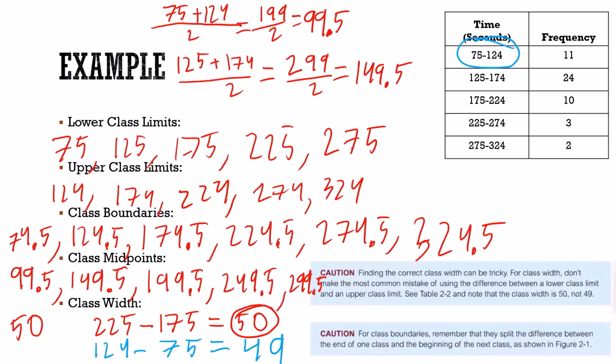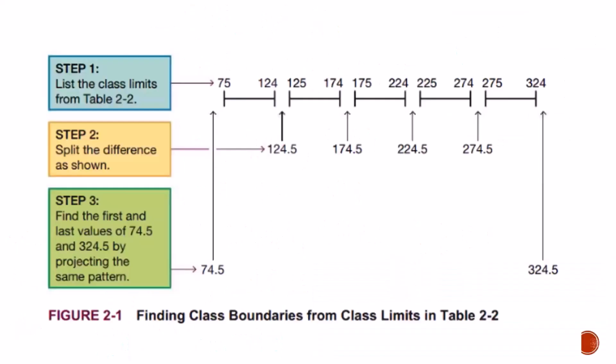Here's a diagram that they made from this just to show you why. These are the class units. Upper class limits, lower class limits, and then the class boundaries.